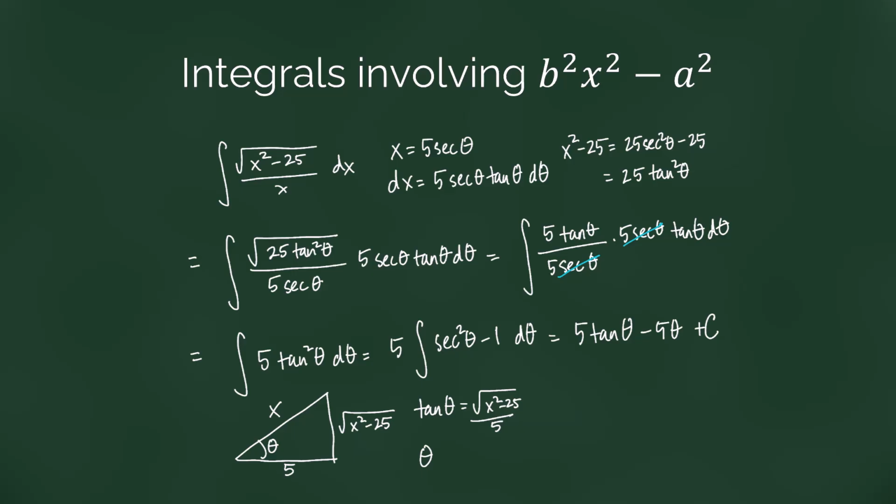We also know that theta must be the inverse secant of x over 5. So now we'll plug in for theta and we get that our final answer is the square root of x squared minus 25 minus 5 times the inverse secant of x over 5 plus c.